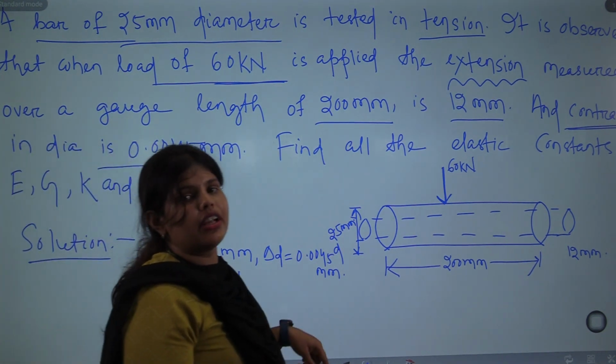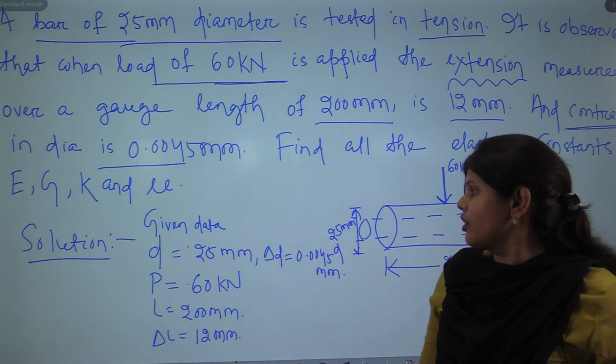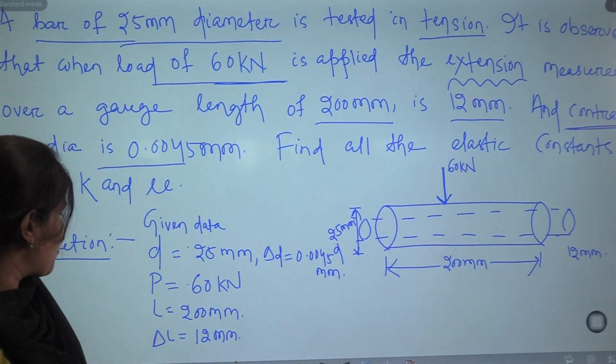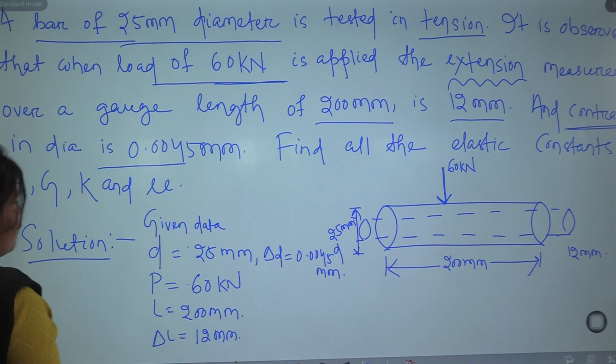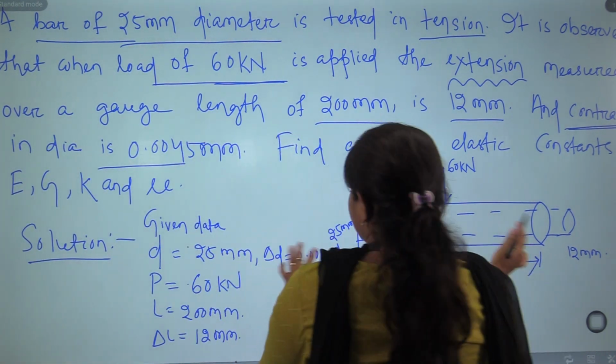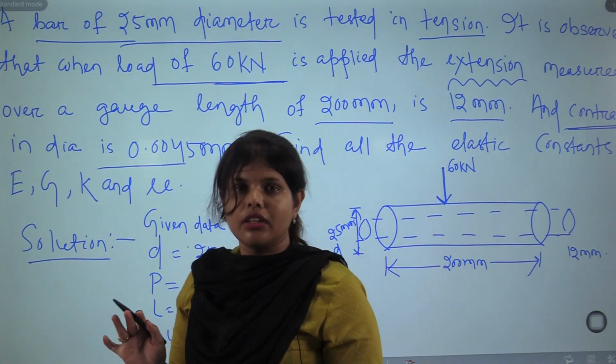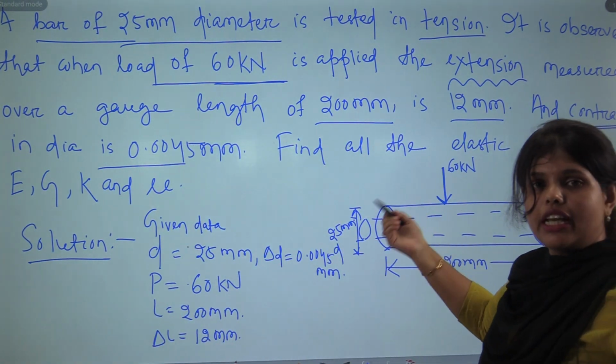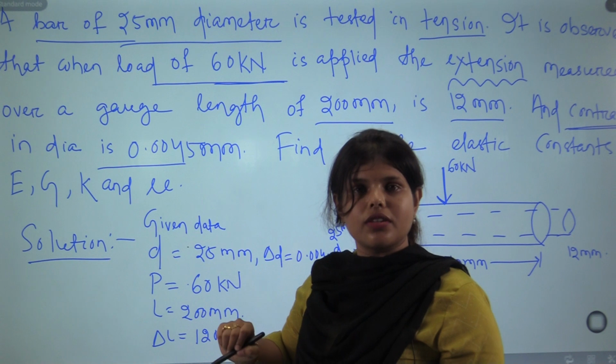This contraction and extension will depend on what? The amount of force applied. So, here we got all the given values, and from these values we will calculate all these elastic constants.